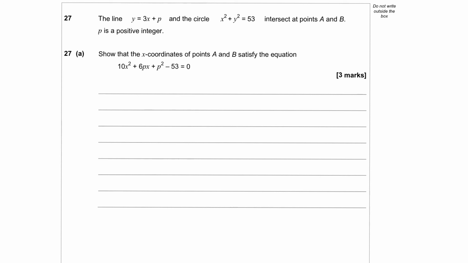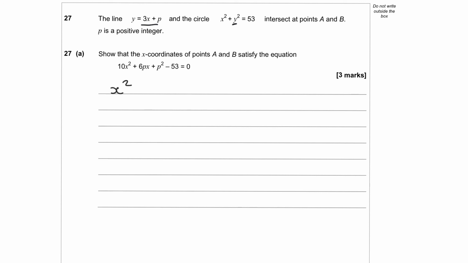So we're basically going to make them equal to each other. Or in this case, because you've got a circle equation, we're going to substitute the equation of this line in for y in the circle equation, since y is equal to that.